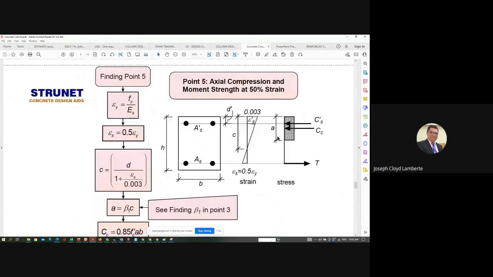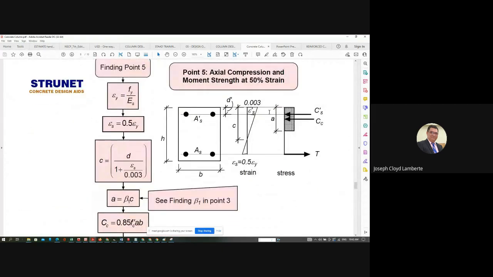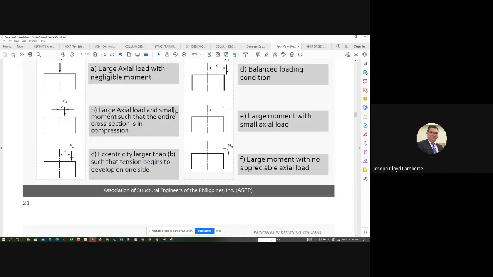Mura na siya beam, ba? Mura na siya beam. Naay tension sa the opposite kung naa diri ang compression sa imong column, opposite ato from the neutral axis, ang reinforcement nimo diri maka-experience sa tension. So kung naa diri imong concentration sa imong compression, naay tendency nga diri maka-experience siya og tension.